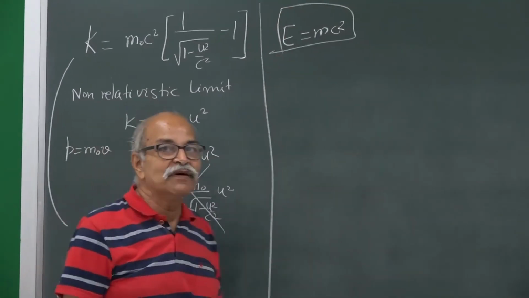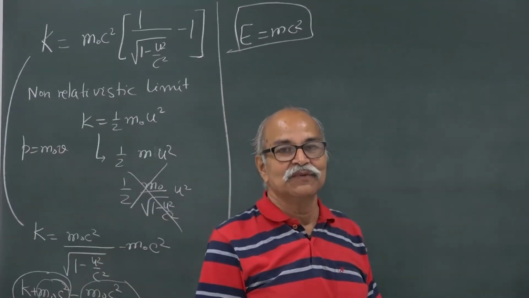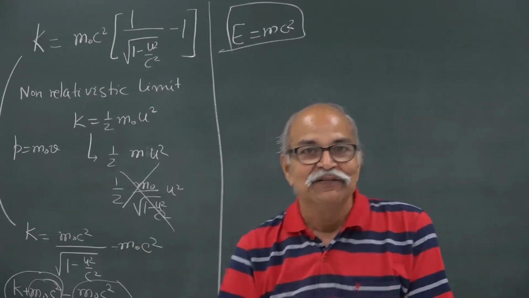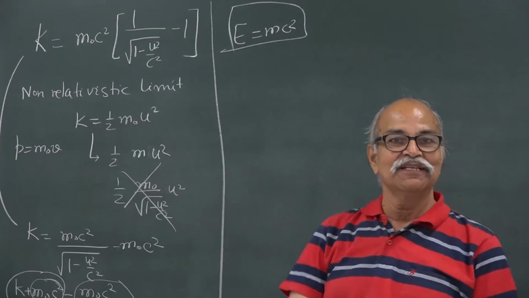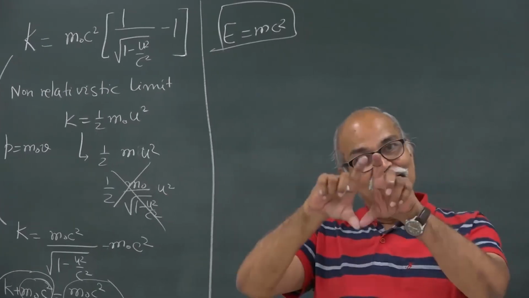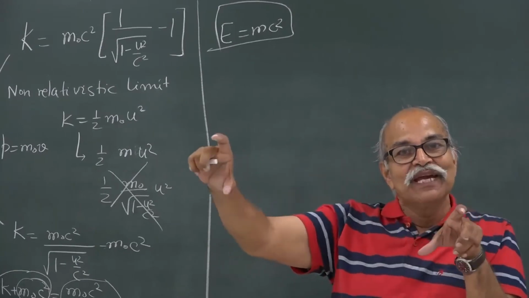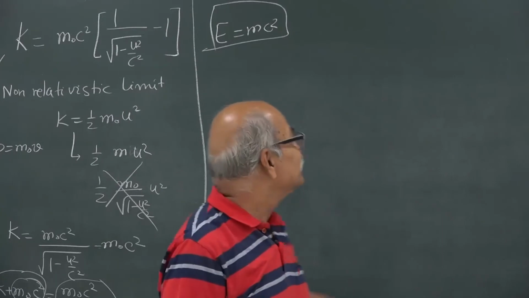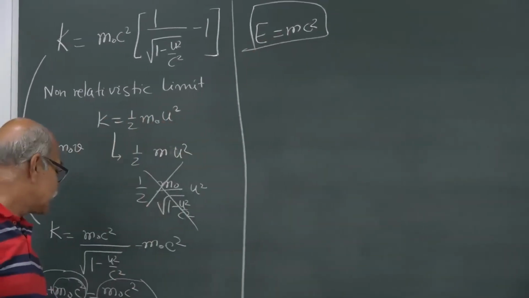The very famous equation E equal to mc square, the logo of special theory of relativity. You look at books on special theory of relativity or books on Einstein, and you may find that in a very decorative way E equal to mc square is put on the cover page and so on. So, it is this expression which comes from here.